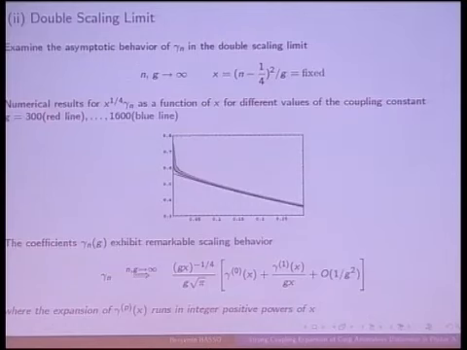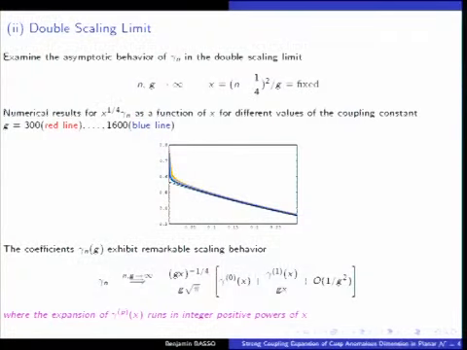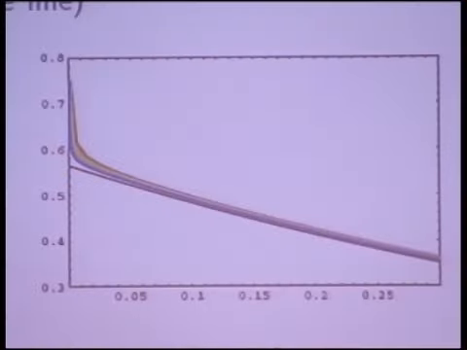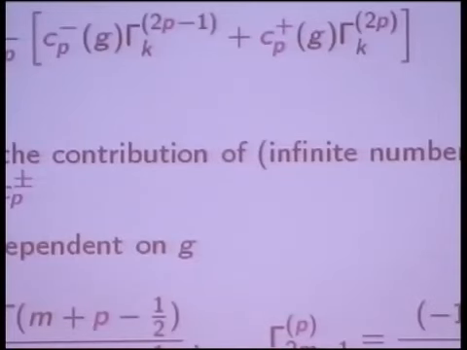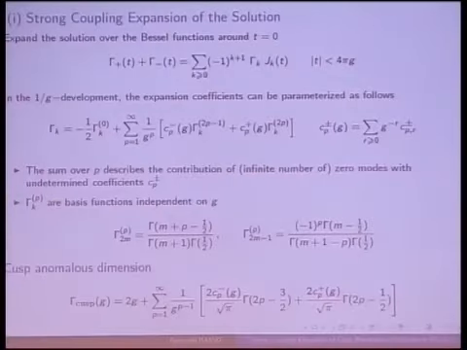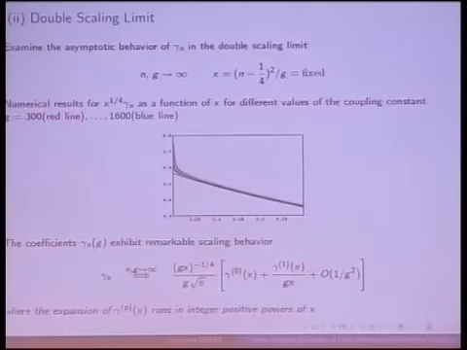Now we have to find a way to determine all these coefficients, and we have to go in some sense to the large n behavior of the solution in order to select the good one. And what we did, we examined the asymptotic behavior of the coefficient. So there is a coefficient for big gamma, but we can undo the change of the mapping and go to the coefficient of little gamma.